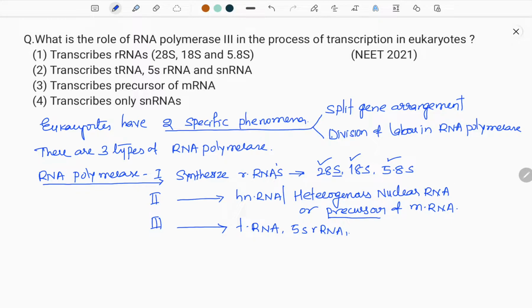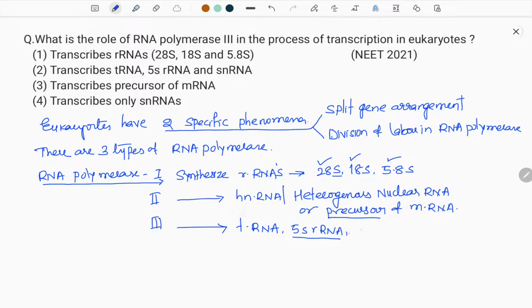Option 1, 28S; option 2, 18S; option 3, 5.8S; and option 4, 5S. Option 4 is the right answer. Why? Because the first three rRNAs are synthesized by RNA polymerase 1, whereas 5S rRNA is synthesized by RNA polymerase 3. A question can be framed like that.